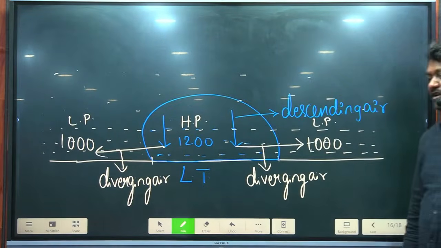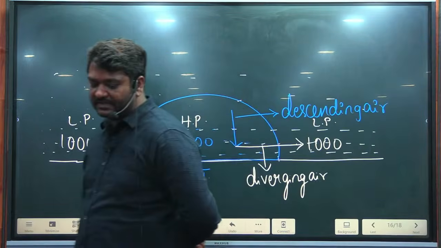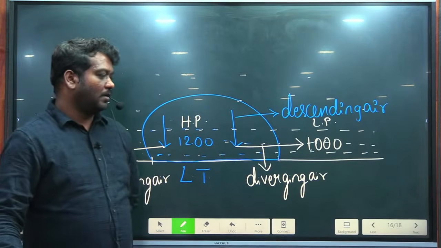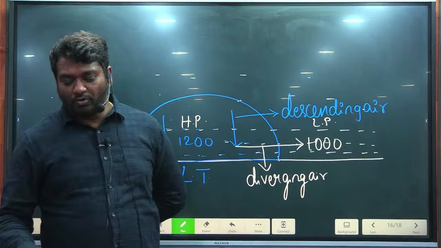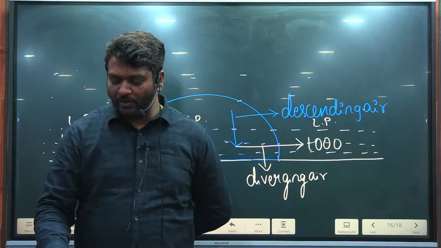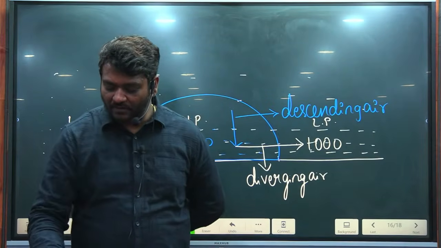This descending and diverging air, due to low temperature at the surface of the earth.